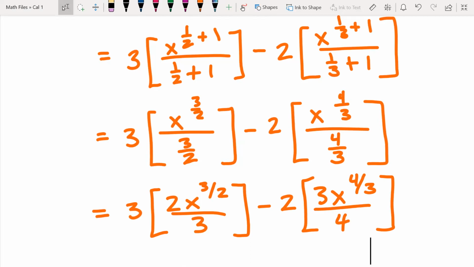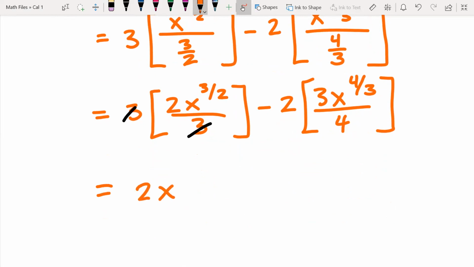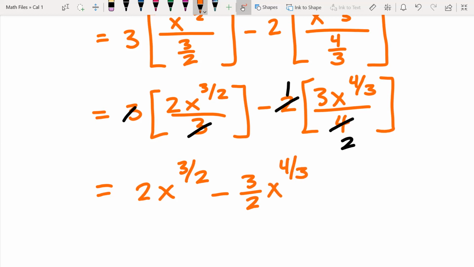Clean up one final time. And our 3's will cancel. So we'll get 2x to the 3/2 minus, and then that becomes a 1, that becomes a 2, 3/2 x to the 4/3.